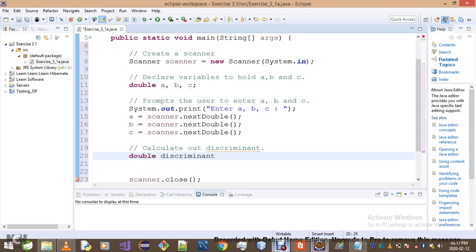Discriminant, that's going to be B times B minus 4 times A times C. That should be it.